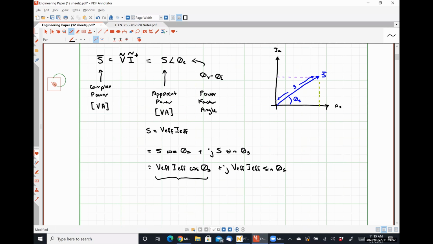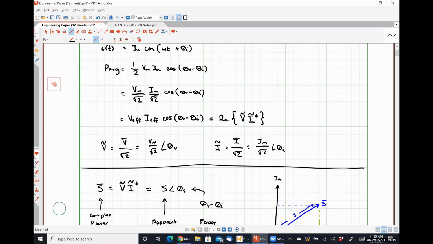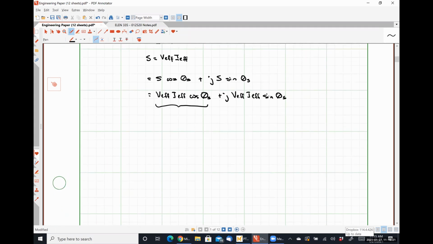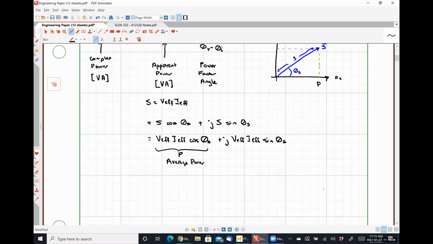This whole quantity, V effective I effective cosine theta S, is the exact same thing as the average power that we discussed previously, literally 100%. So this represents average power. We typically denote it with the letter P. So I'm going to put a P over here on my graph. And the units of average power are watts.